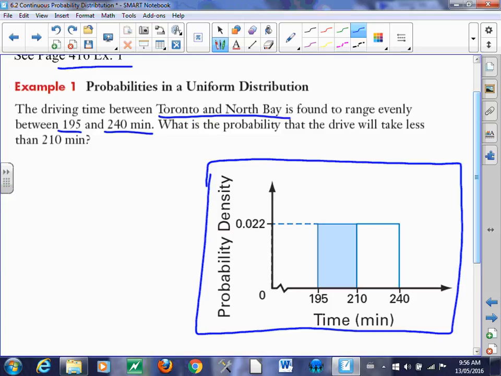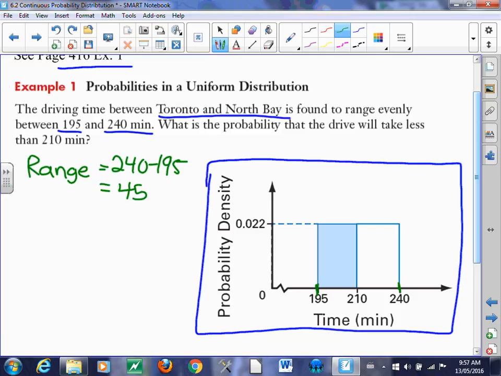First of all, let's take a look at what our range is. Our range in our box, remember guys, is the what? Larger value subtract the lower value. Good. Hopefully you remember that. So range equals 240 subtract 195. Grab your calculators if you need it, and that's going to give you 45.